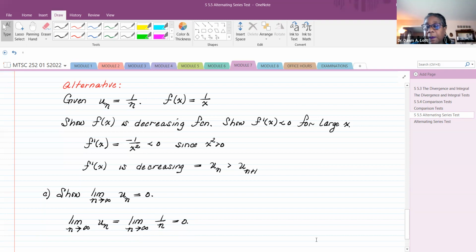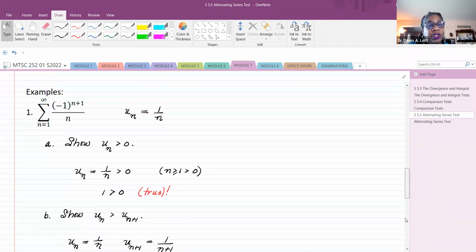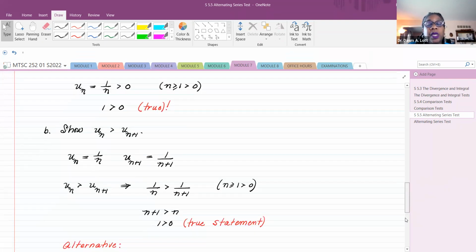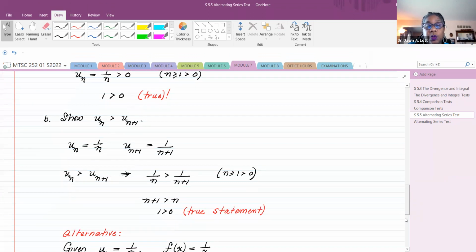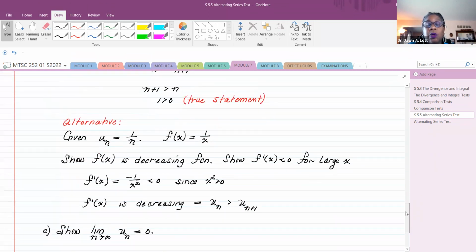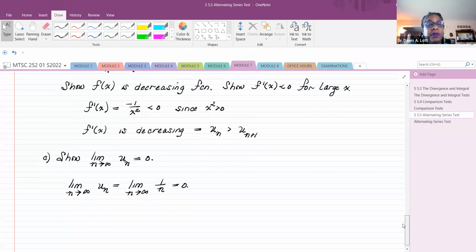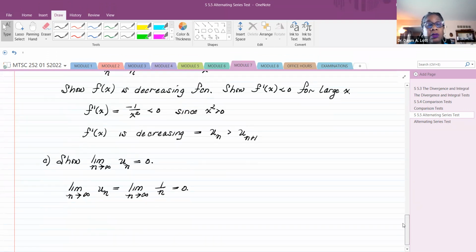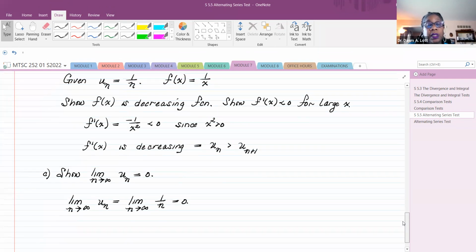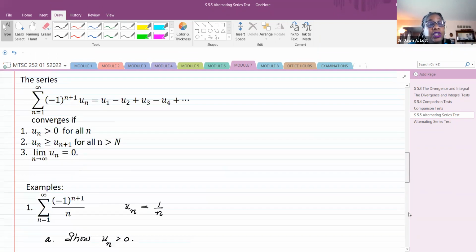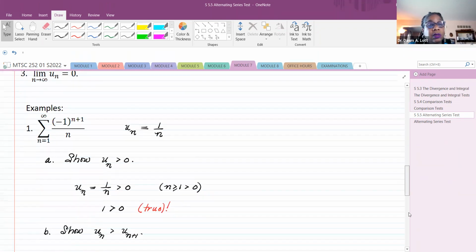So what have we shown? We've shown all 3 properties for this problem. First, we showed u_n was positive. Then we showed u_n was always bigger than u_{n+1}, because we got a true statement, or we did the alternative derivative. And lastly, we showed that the limit as n goes to infinity of u_n is actually 0.